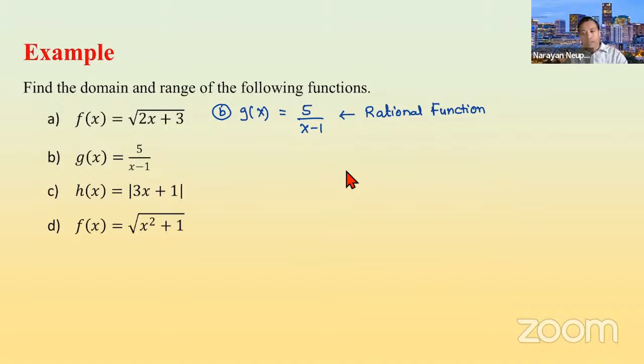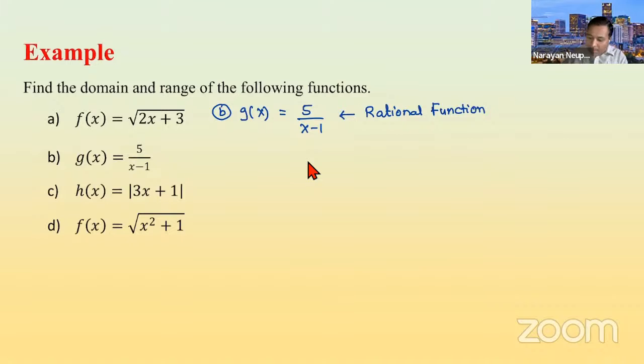Now we have to look for restrictions, if there are any. This is a fraction, and what we know is that in a fraction, the denominator cannot be 0. That means this quantity cannot be 0. So the function is well defined if the denominator is not 0.